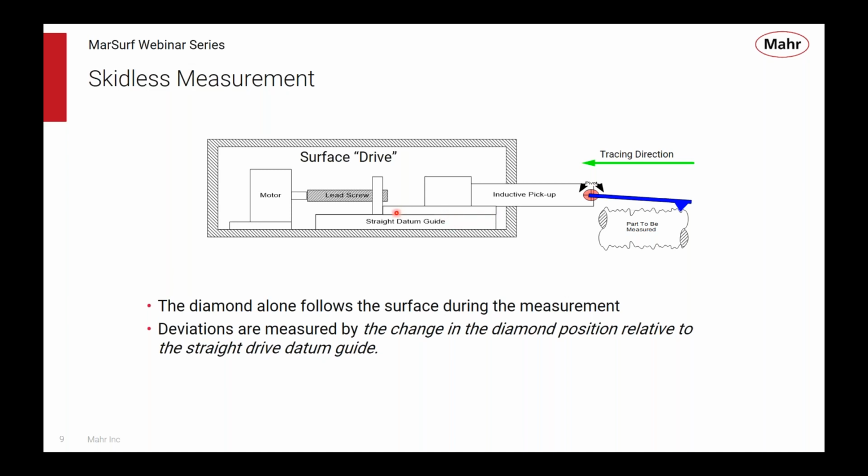So now I've got a bigger drive unit, I've got a bigger system. They're typically more expensive, but we have the ability to measure true shape without having to have a skid that follows some contour on the surface of the part to be measured.